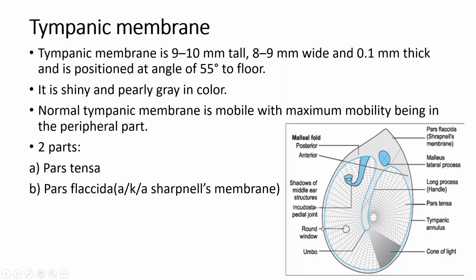Tympanic sulcus is the groove where the tympanic membrane is situated inside the bone. So this thickened peripheral part is known as the tympanic annulus, and this tympanic annulus fits into the tympanic sulcus.